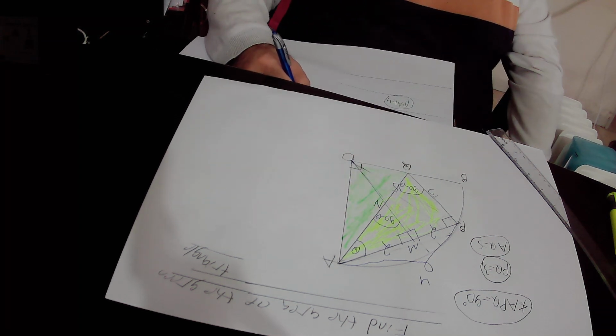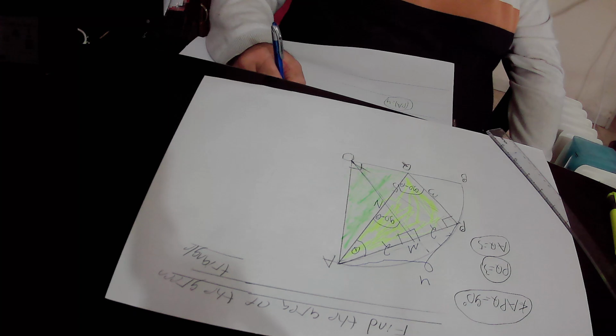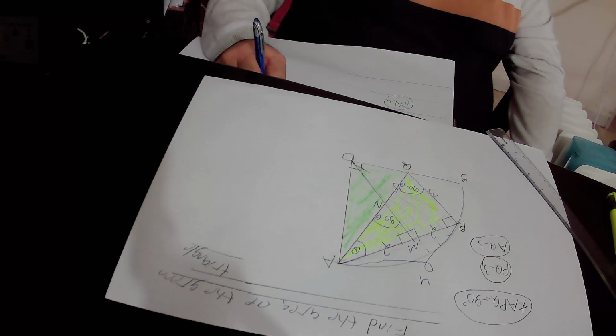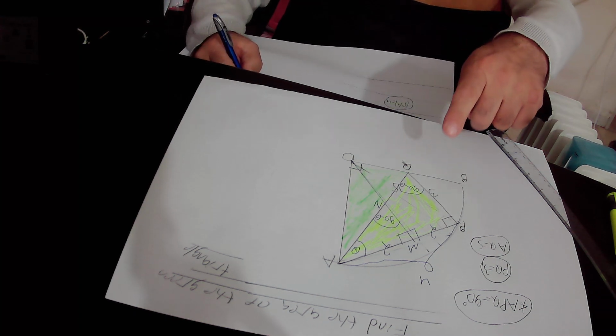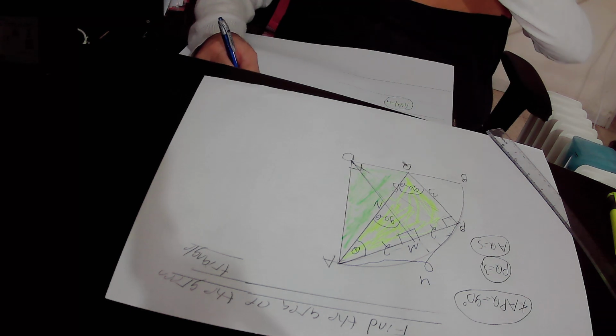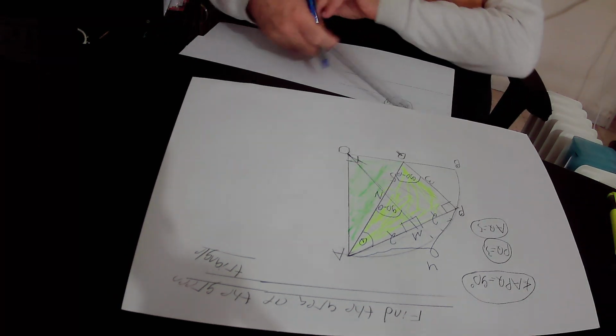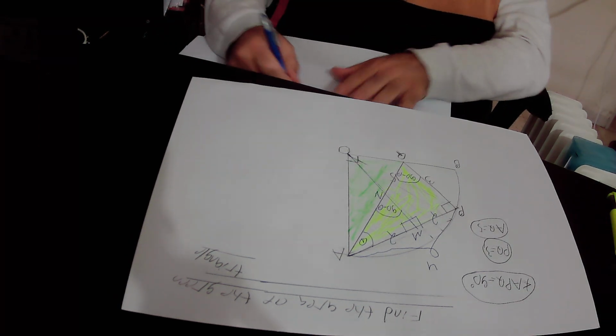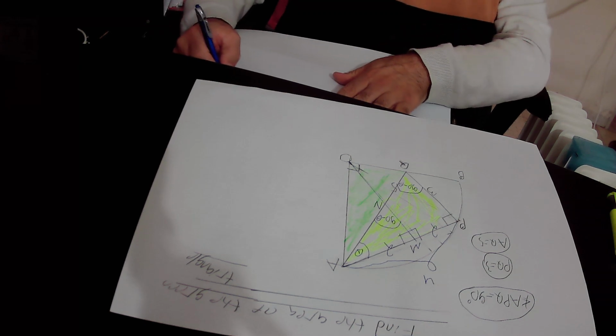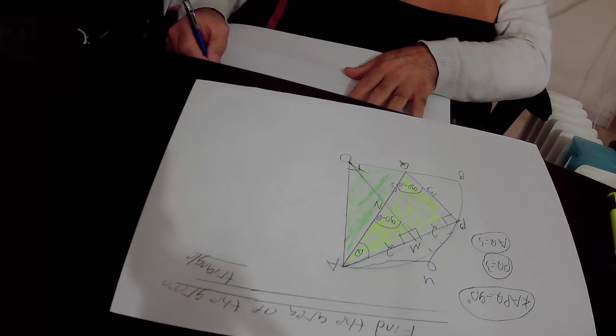So why are those two yellow triangles similar to each other?